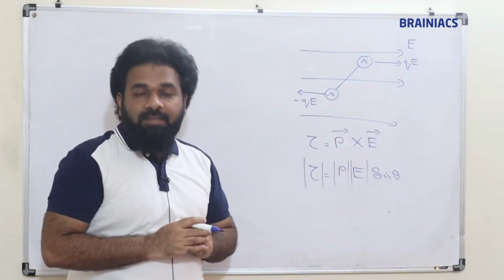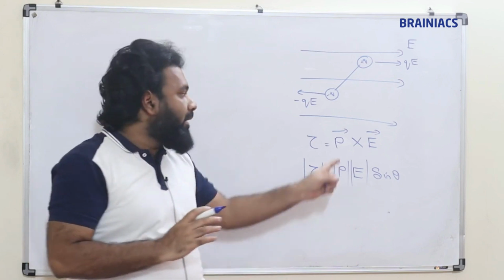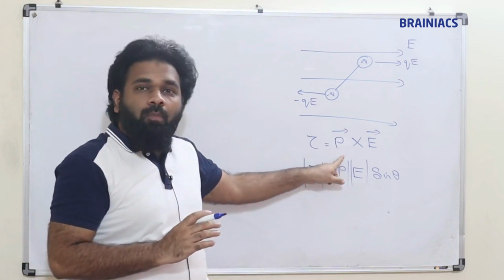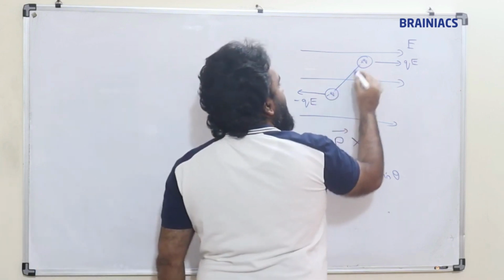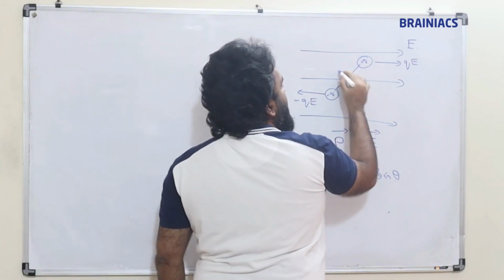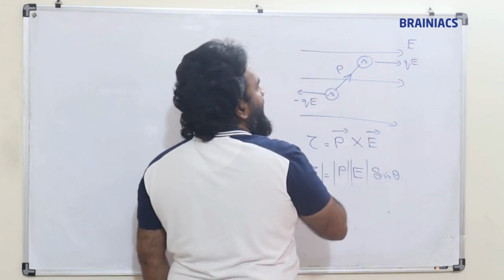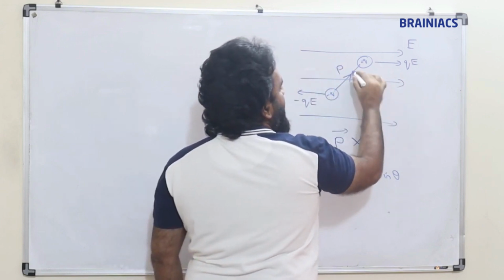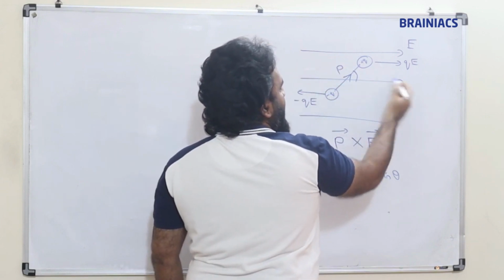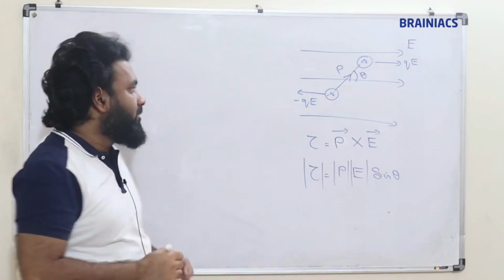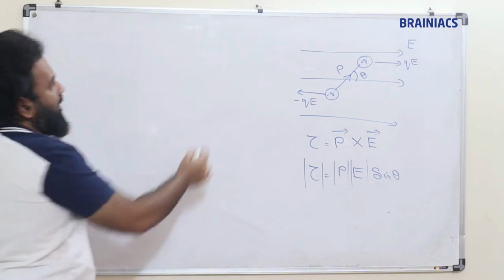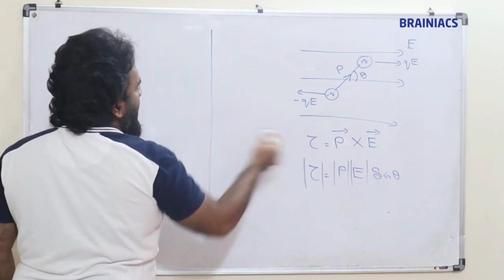Theta is the angle between the electric dipole moment and the electric field. Suppose this is minus q, this is plus q, this is the direction of the electric dipole. If this is the direction of the electric field, then this is theta. So that is the torque in electrostatics.